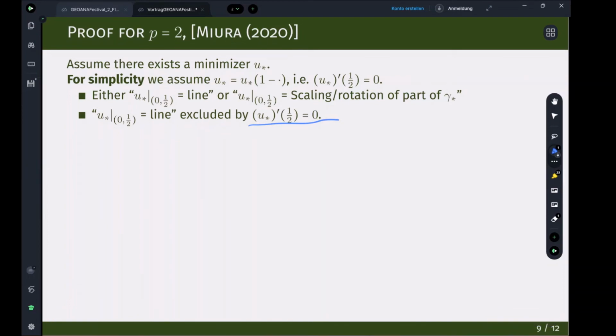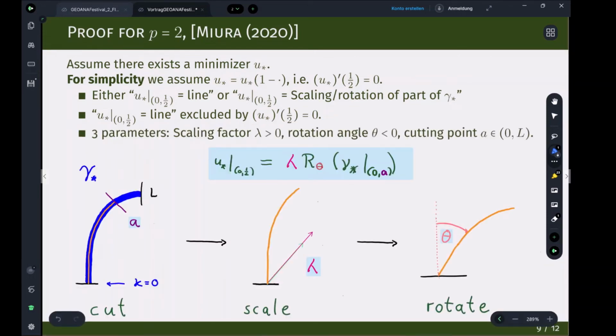And the problem with that is then I cannot exceed the obstacle, right? It is not possible to exceed the obstacle with a line that has derivative 0. So basically the line case is excluded. So now all I'm left with is I know that the minimizer must consist of a scaling and a rotation of a part of this gamma star.